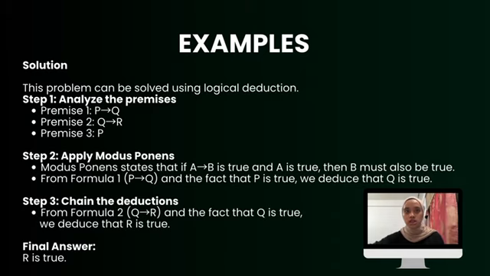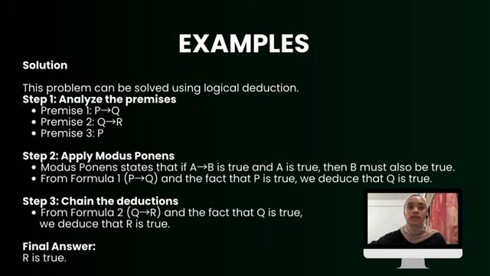For this question, the first step is to analyze the premises, so we list down all the premises that have been given to us. Then we can apply modus ponens, which states that if A implies B is true and A is true, then B must also be true.